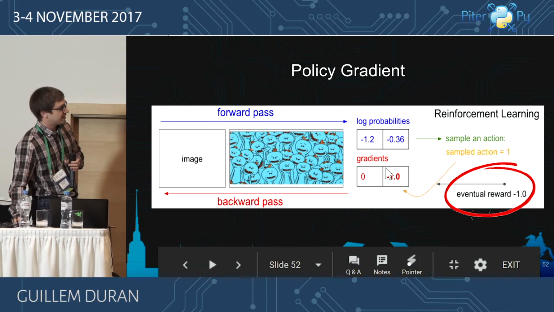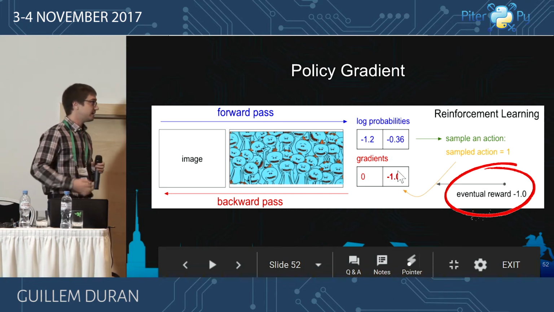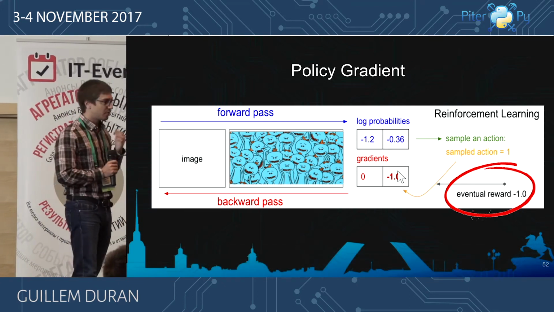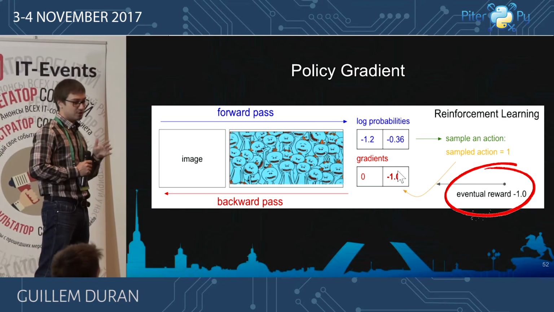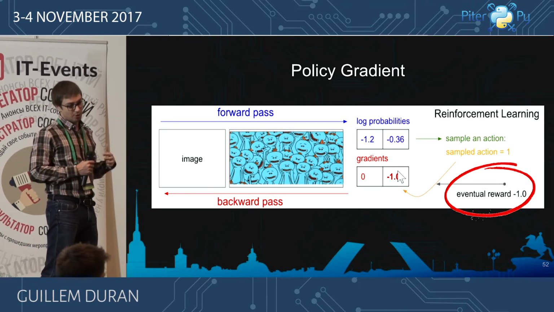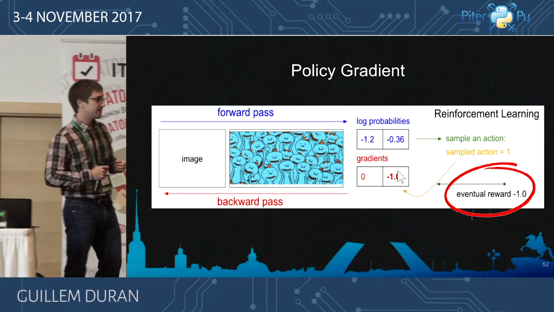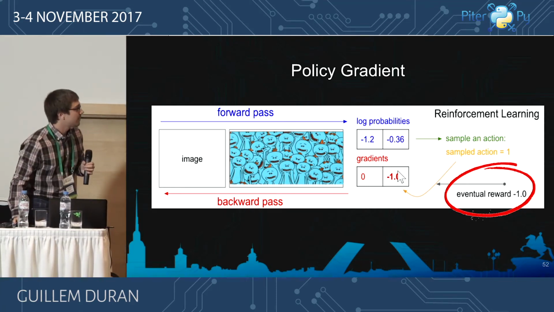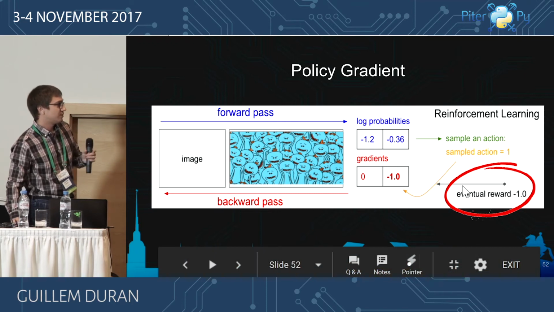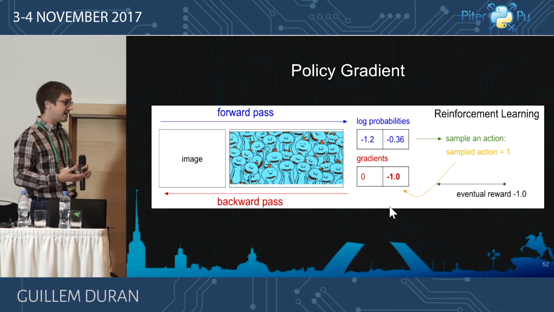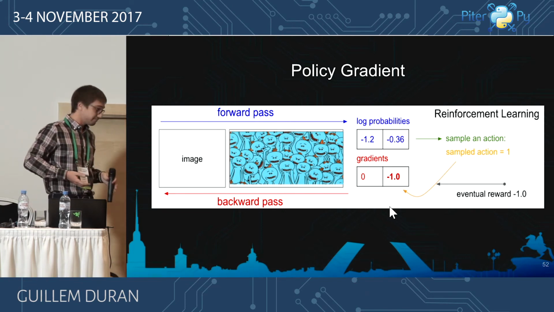If you just put it here as a gradient, what you're doing is discouraging taking this action. I mean, your reward function will be a distribution over your actions, which will be encouraging or discouraging taking a given action.